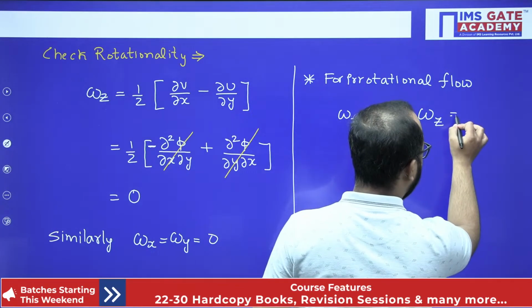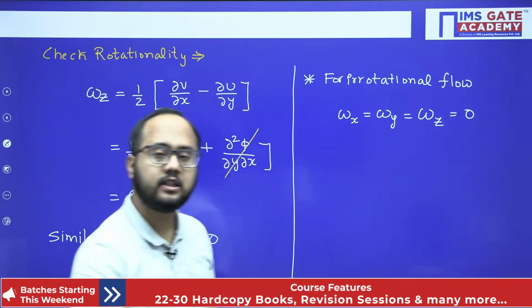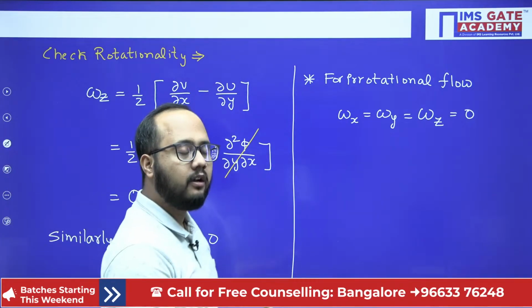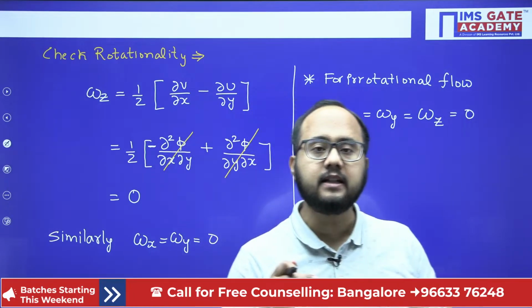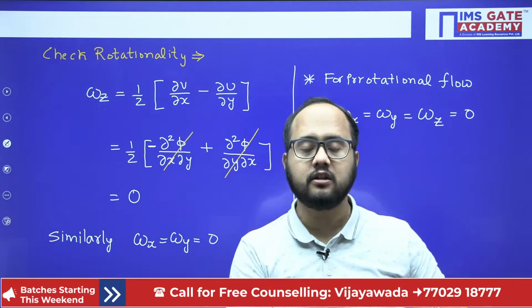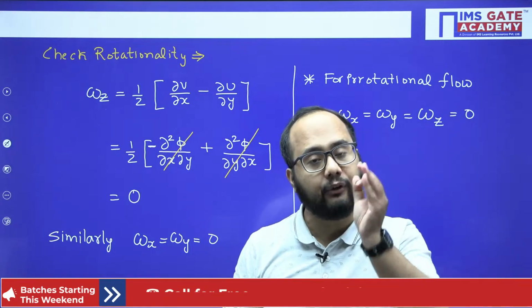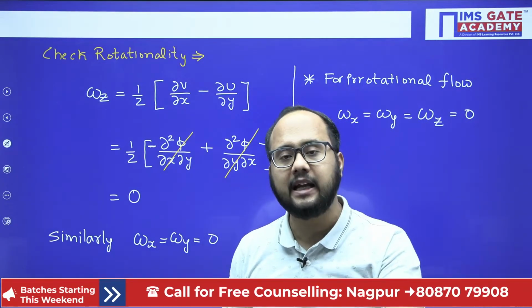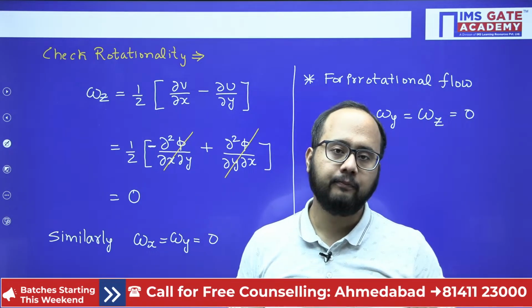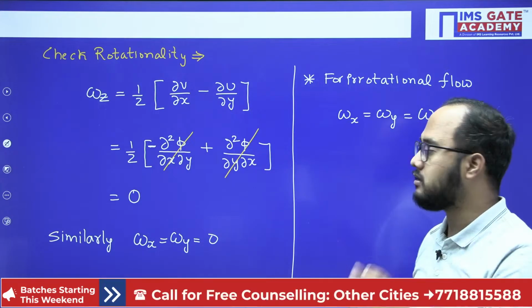And this is what we are getting in the velocity potential function. So it means by default the velocity potential function is irrotational flow. Obviously it has been defined in such a way that it is applicable for only irrotational flow.